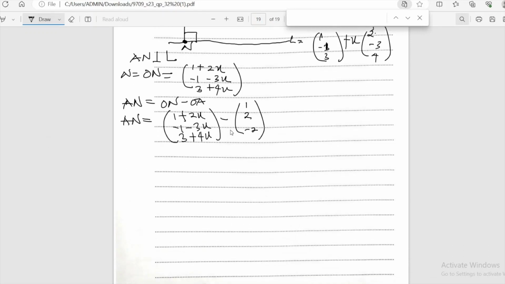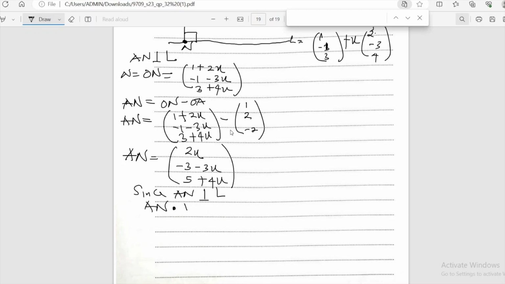So after you subtract them, AN will be 2 mu, minus 3 mu, 5 plus 4 mu. That's AN. Since AN is perpendicular to L, AN dot L will be equal to 0.